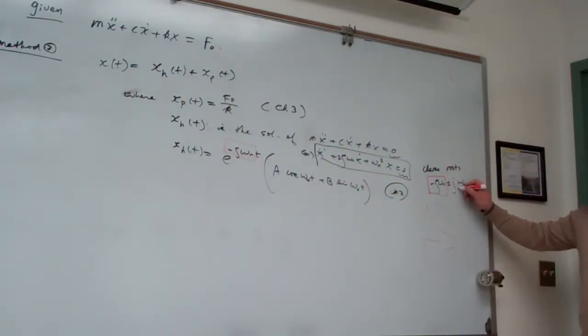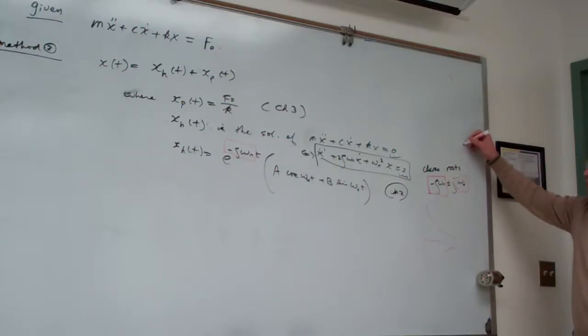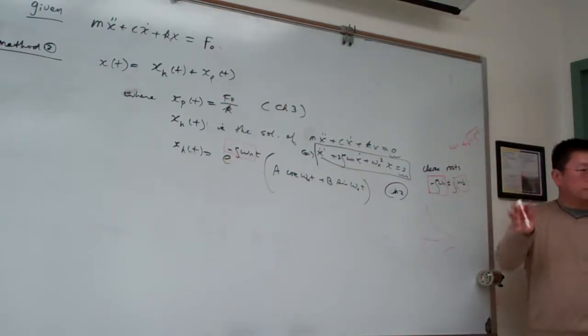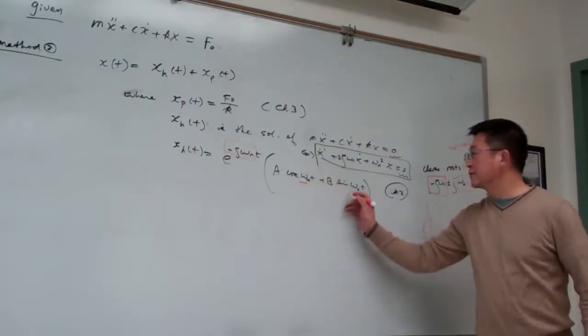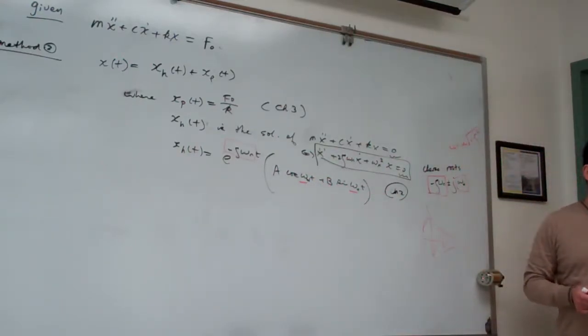And the imaginary part, omega_d, is equal to omega_n times the square root of 1 minus zeta squared. This one gives us how frequently it oscillates. That is the information we learned from the beginning of this class.